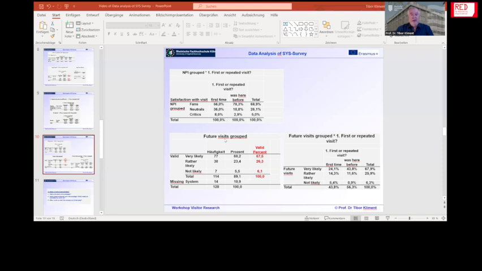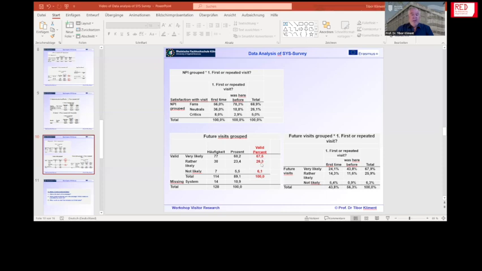We can see this also when looking at another important question. This question was, how likely is it that you come back to the festival next year? Here we have the distribution of the answers for this question. Here, very likely, 67.5% say so.